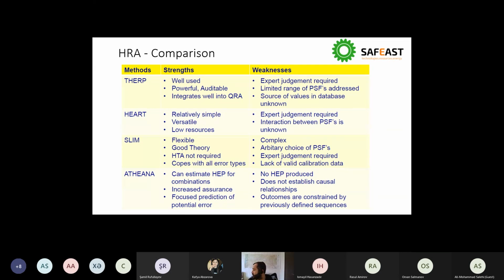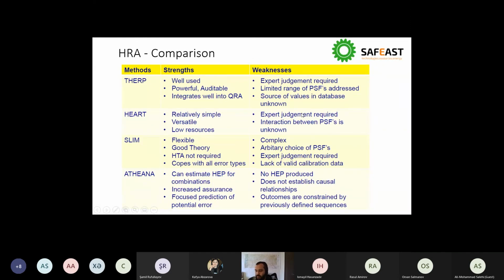But the weakness is that you need an expert in the room, a human factors expert, to judge certain values. In terms of performance shaping factors, only a limited range is addressed. And compared to THERP, HEART is relatively simple and low resource, but again, expert judgment is required.